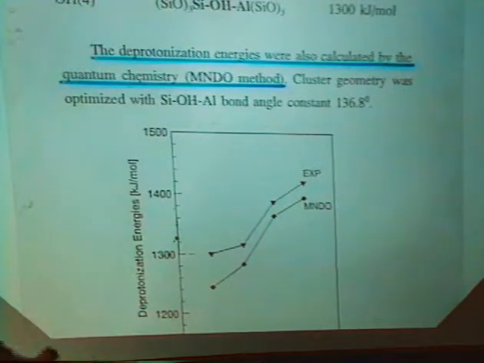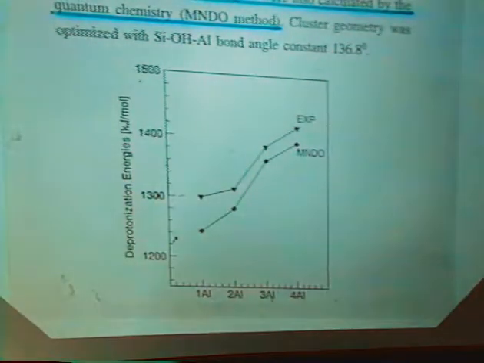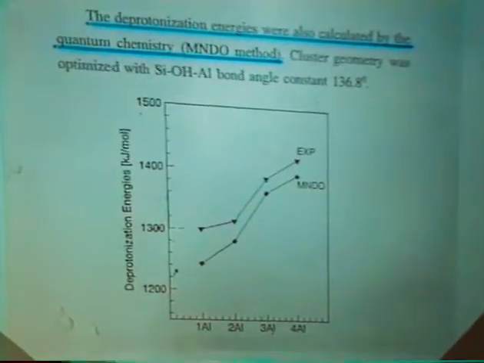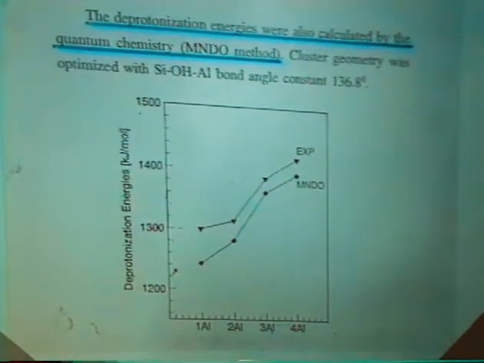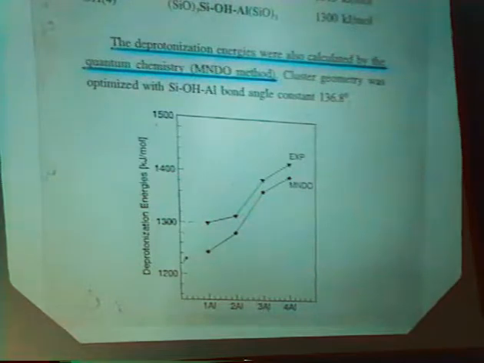And the last diagram shows the comparison between the experimental data of proton affinity for 4 kinds of our bridging hydroxyls and the theoretical data, the lower line, obtained by quantum chemistry. The agreement is also very good. The values vary from 30 to maybe 80 kilojoules per mole.